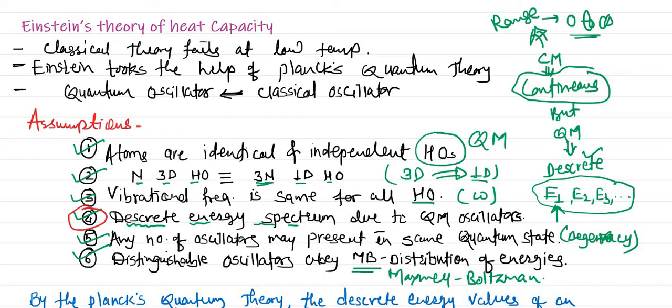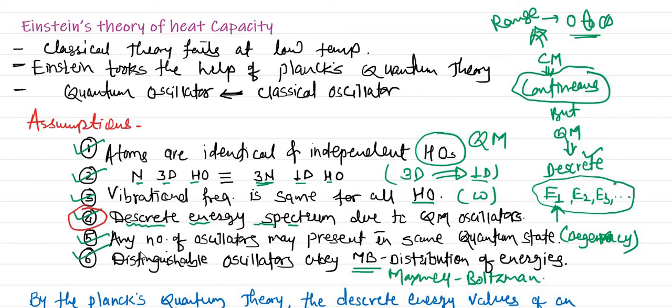Here Einstein considers that the harmonic oscillators are no longer classical harmonic oscillators, rather they are quantum mechanical harmonic oscillators, which have a discrete energy spectrum instead of a continuous one. In classical theory we saw the continuous energy spectrum, but in Einstein's theory the energy spectrum is discrete. Discrete energy spectrum means each and every energy value is different.